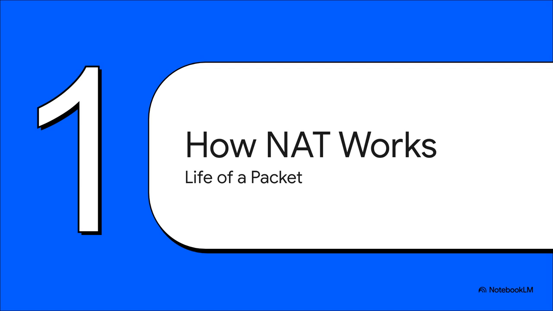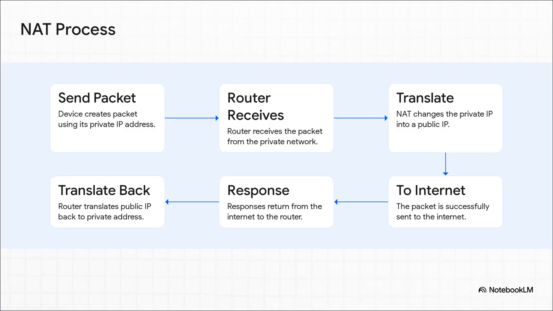Let's follow a piece of data on its journey to see exactly what this translation looks like in practice. Okay, let's walk through the 6 steps of a packet's life. Step 1. Your device, let's say your laptop, creates a packet of data using its private IP address and sends it out. Step 2. Your router receives that packet. Step 3, and this is where the magic happens. The router strips away your private IP and swaps it out, translating it into its own public IP address.